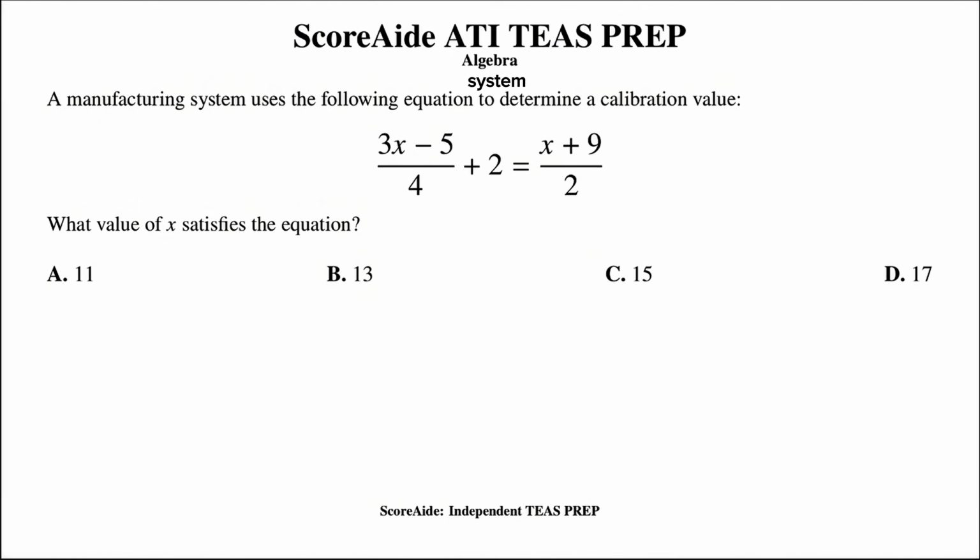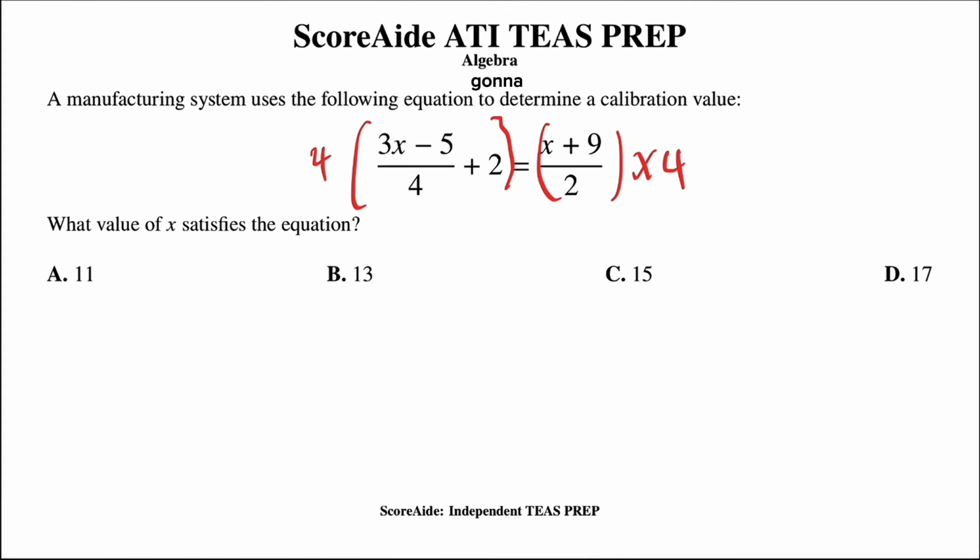A manufacturing system uses the following equation to determine a calibration value, right? What value of x satisfies the equation? We have two fractions, so we are going to multiply both sides by 4 to eliminate the fractions, because the least common multiple of 4 and 2 is 4.